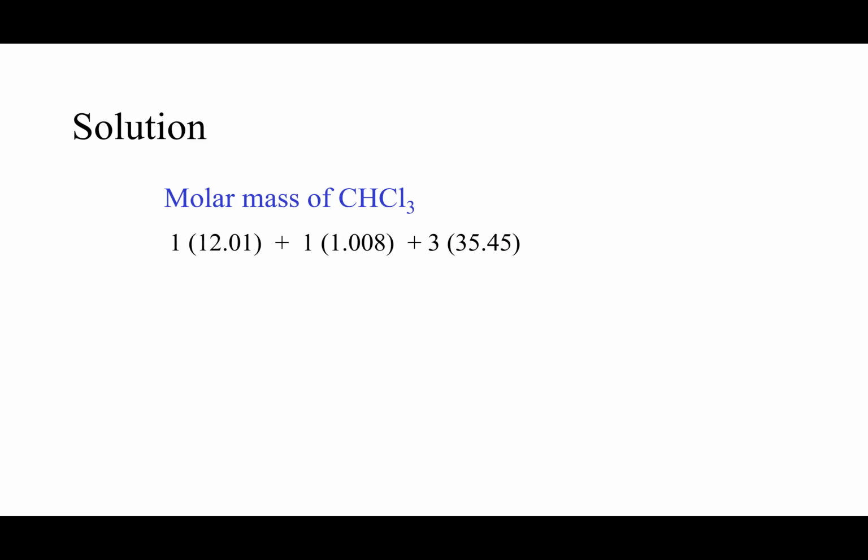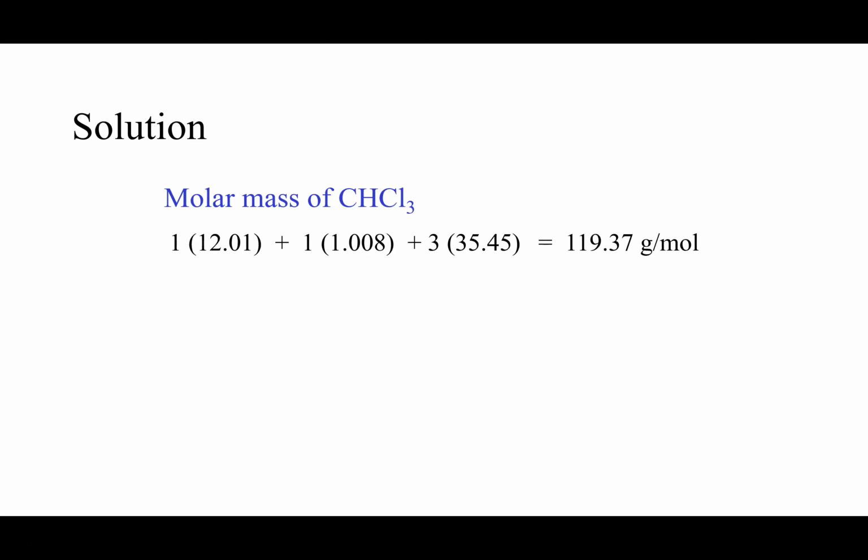There's one carbon times 12.01, plus one hydrogen. The decimal number for hydrogen is 1.008. And then there are 3 chlorines. Chlorine's pretty heavy, so 3 times 35.45. If that's a molar mass, what did you say my units are?